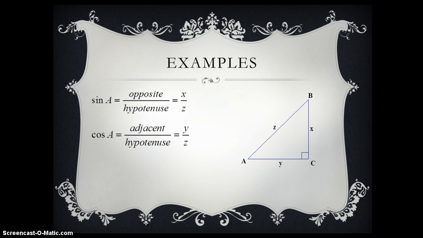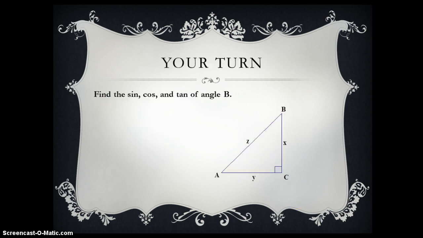The cosine of angle A then is the adjacent side, or the side next to angle A, over the hypotenuse, y over z. And the tangent of angle A is the opposite, which we already decided was x, over the adjacent, y. So the ratio for the tangent of angle A is x over y. Now, I want you to find the sine, cosine, and tangent of angle B.